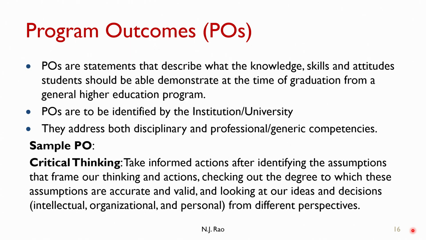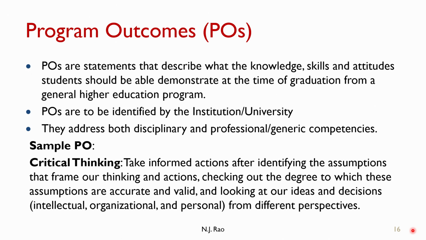Now, a sample PO, for example, is critical thinking. Generally, on the drop of a hat, any teacher will say our student should learn to think critically. Now, that is irrespective of the program that he goes through.